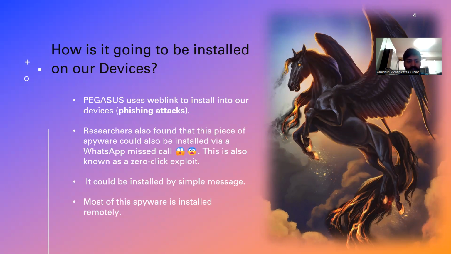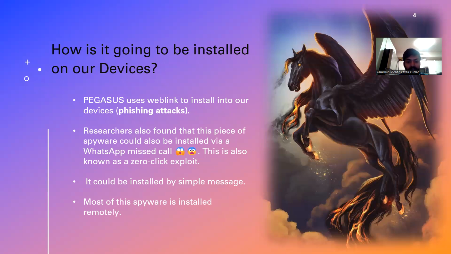Pegasus uses a web link to install on our devices. It's also called a phishing attack. There will be a similar page, so if you get a web link which is not real, and the user clicks on it, that's it. It is going to install on our systems and devices.